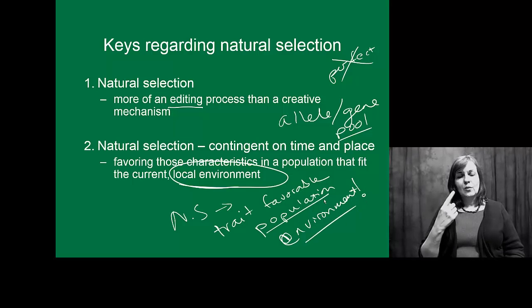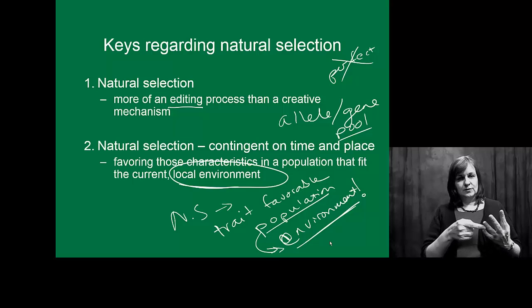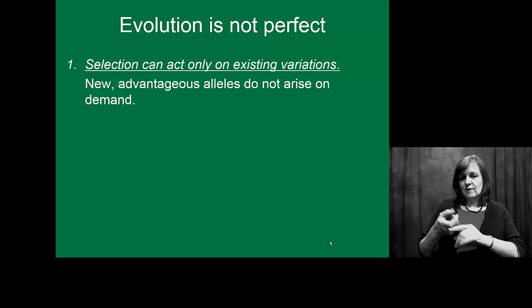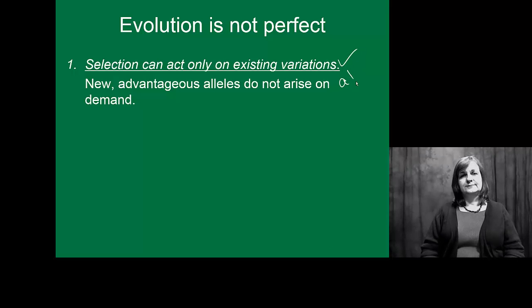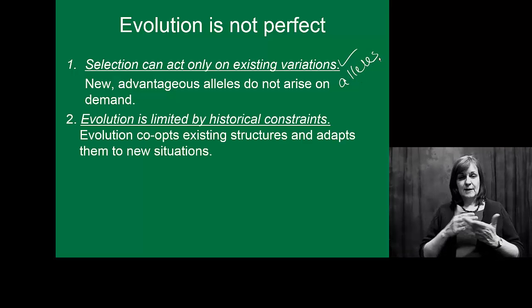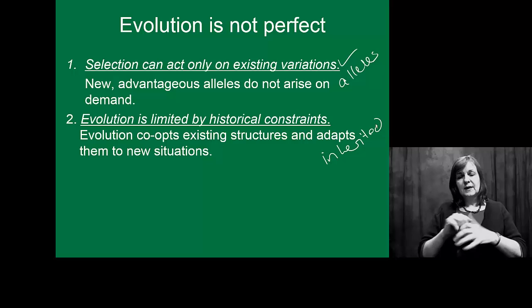If you change that population, you change that environment, you move that population to a different environment, none of this will hold. Everything will be back up for grabs. So we can only work on existing variation, so those are our alleles. We have to be limited by what we've inherited from previous generations. Okay?